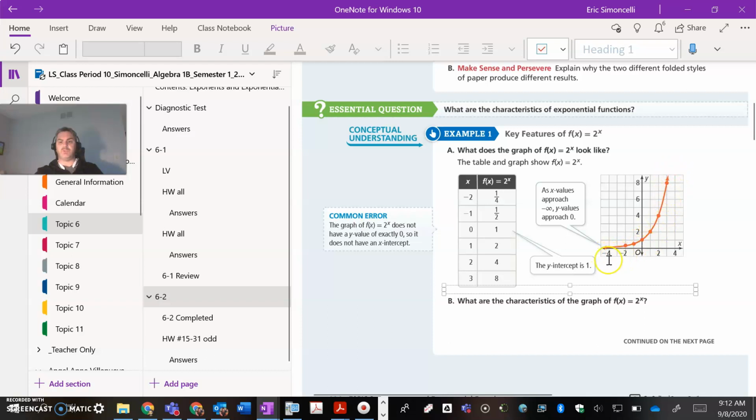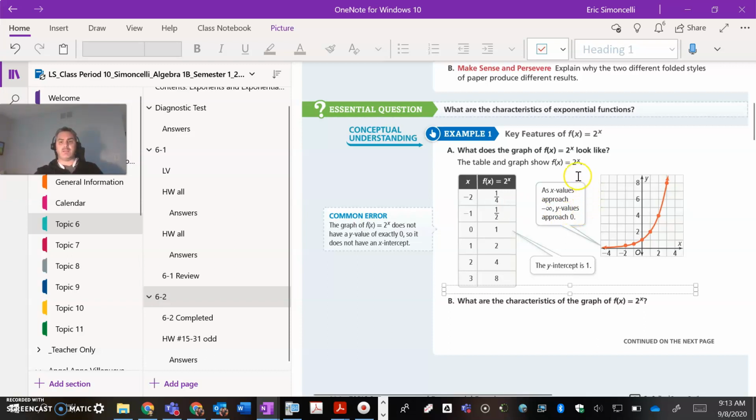Now, I want to make a very important connection to what would happen if x got infinitely small, approaching as small of a negative number as you can imagine. If you were to plug in -3, -4, -10, -100, -1,000, and so on, going farther and farther to the left, this fraction will get smaller and smaller, closer and closer to 0 technically, but never equal 0.